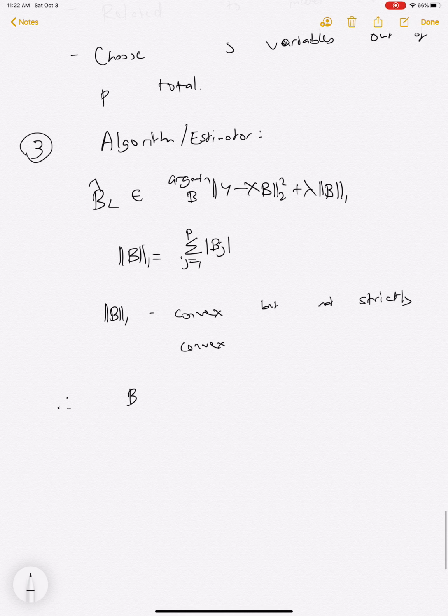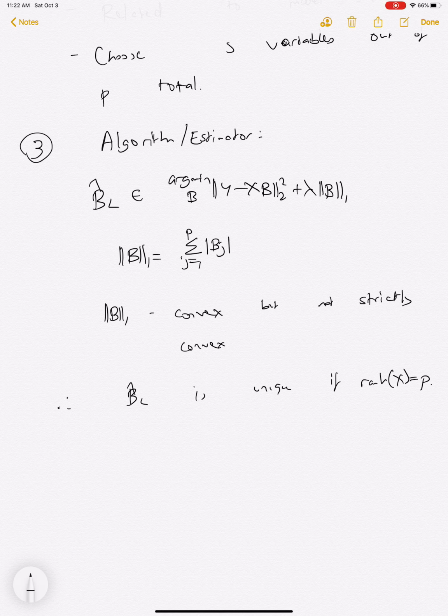therefore beta hat L is unique if, or a sufficient condition for uniqueness is that the rank of X equals p, because that ensures the strict convexity of the first part.